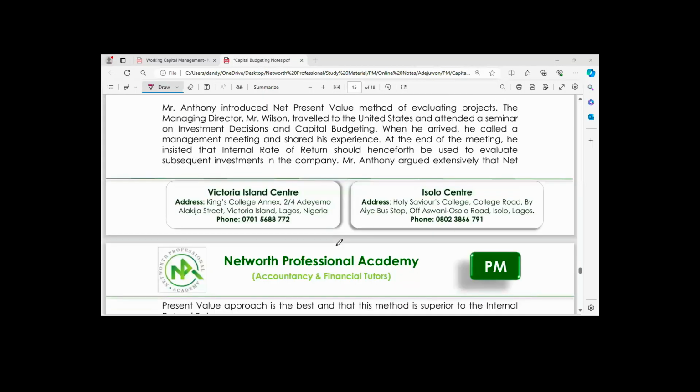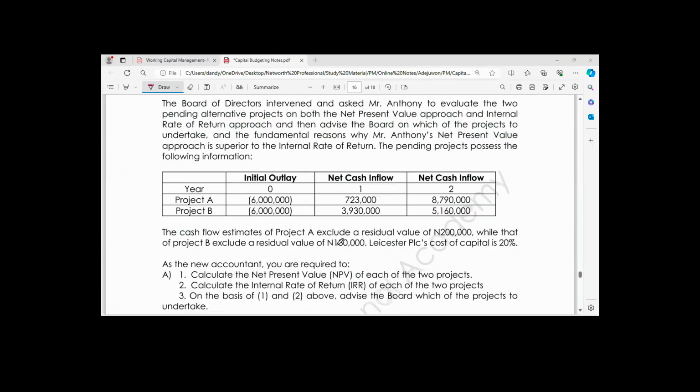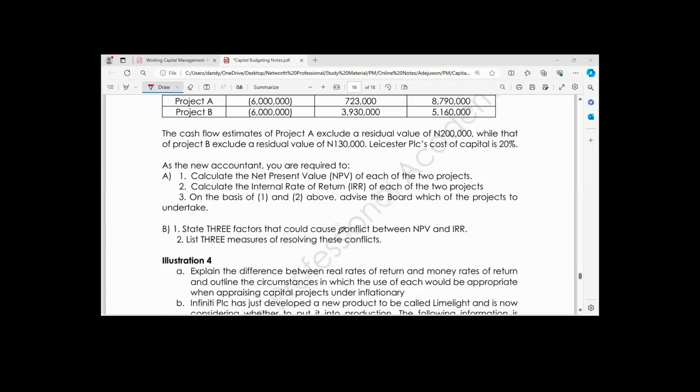The last time ICAN tested capital budgeting, especially as a compulsory question, was in 2016, a very long time ago. During that particular diet, most tuition centers and student groups were caught unexpected.